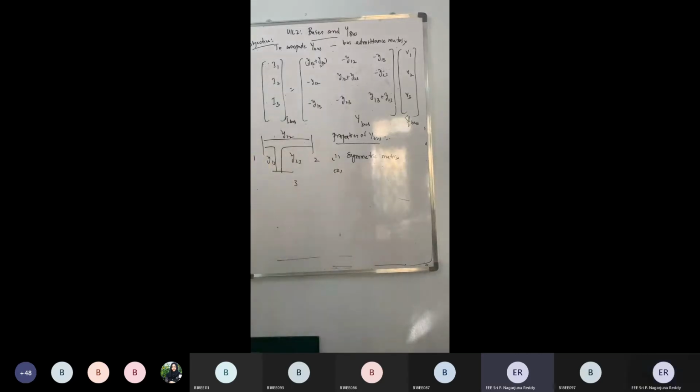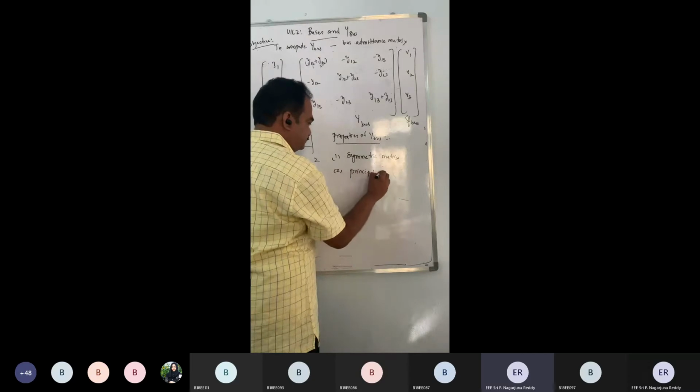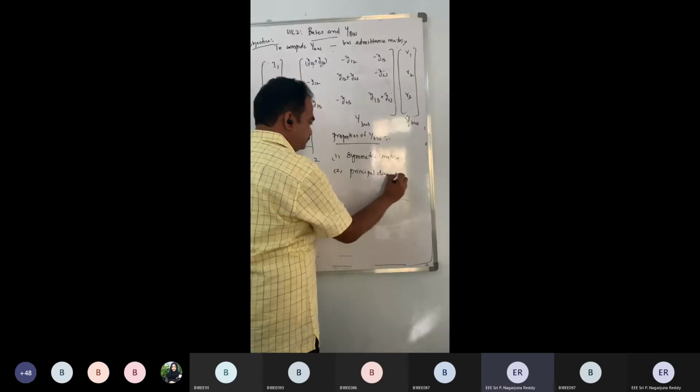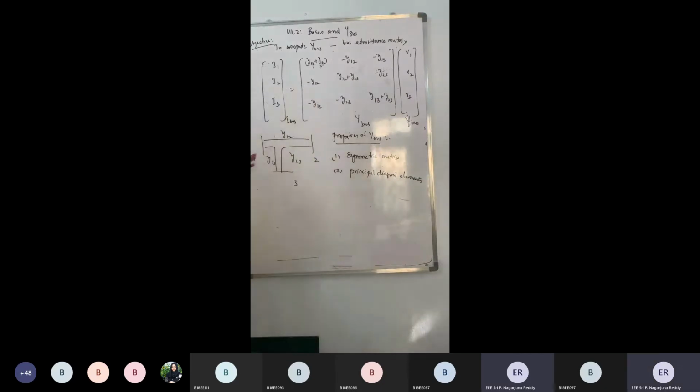Any other? What are the principal diagonal elements? If you carefully see, the principal diagonal elements are the summation of all elements at that particular bus. Will you agree with me? See, at the first bus, the two elements which are connected to it are Y12 and Y13.